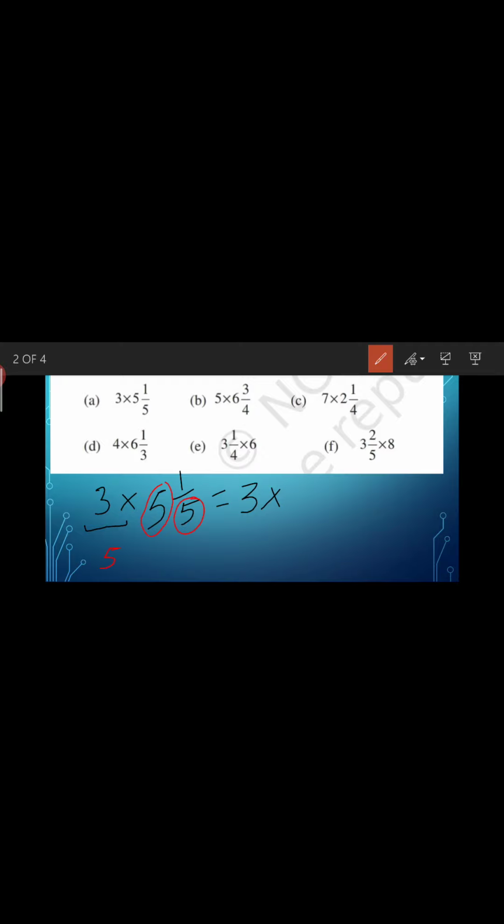We have multiplied 5 into 5, and in the result of multiplication we have added the numerator, that is 1, and in denominator we will write the same denominator given, that is 5. Okay. So 5 into 5 is 25, 25 plus 1 divide by 5. So 25 plus 1 is 26 divide by 5. So here we will write 3 into 26 by 5.